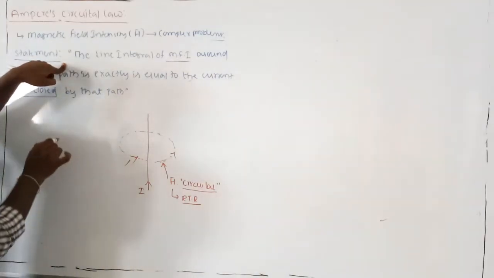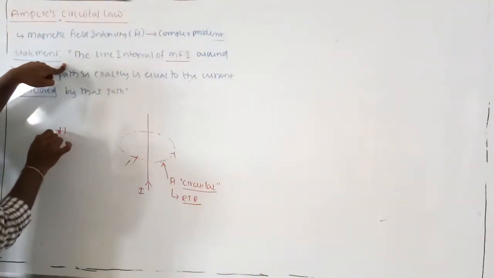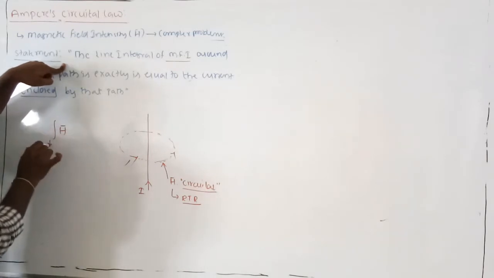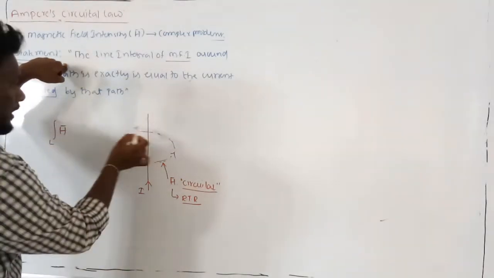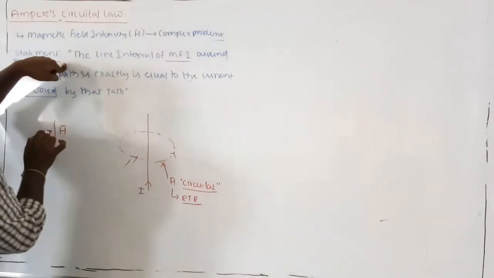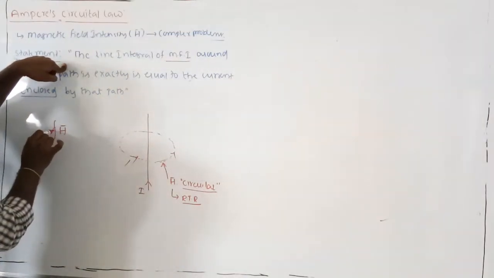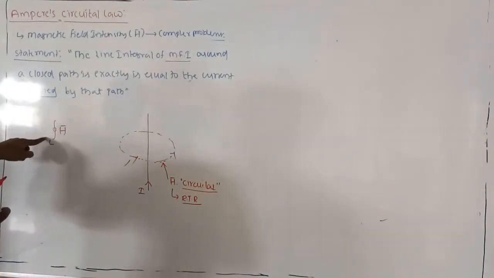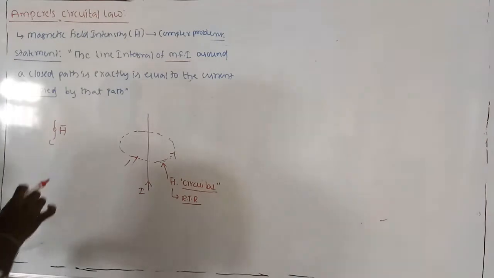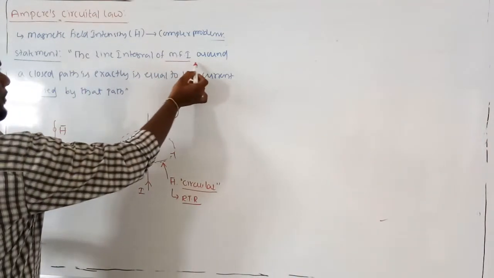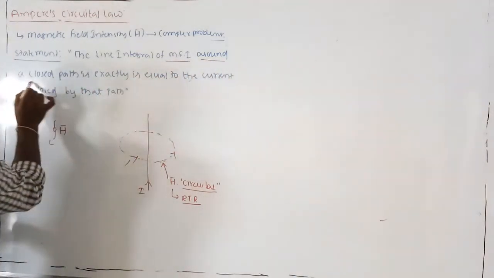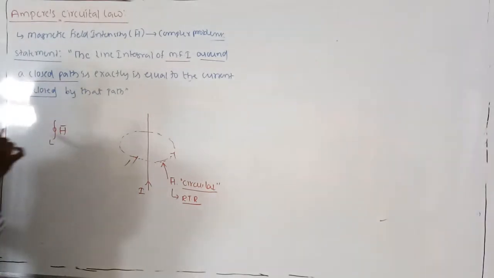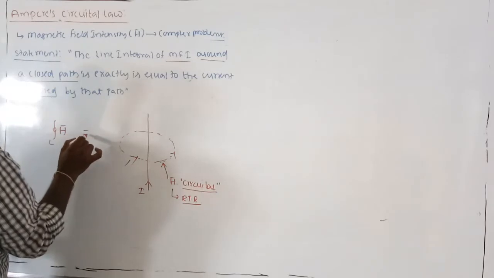So the integration of magnetic field intensity is a line integration through the circular path. That's why you represent the integration with a circle. This circular integration represents the integration over a circular path. So the line integration of magnetic field intensity around a closed path is integrated mathematically with a circular symbol, and it is exactly equal to what?